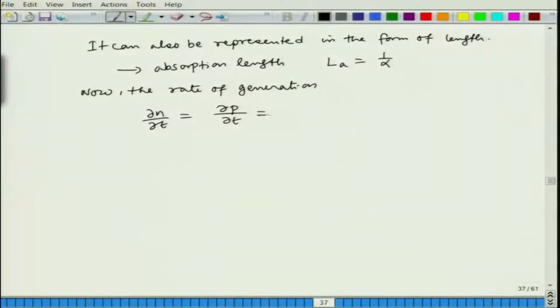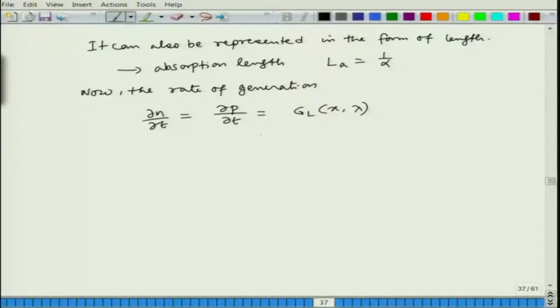So, both the rates will be equal, and the rate of generation will be a function of depth and the wavelength, because wavelength gives us the energy content of the wave. How much of that energy is taken to jump from the valence band to the conduction band will depend on the wavelength of the incoming energy.